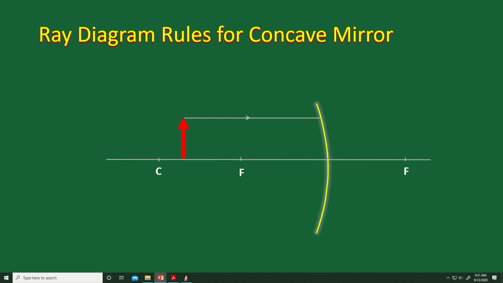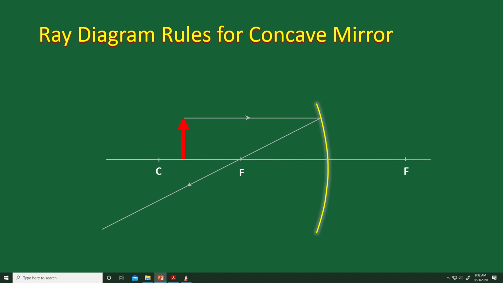So it will be reflected back in the same medium, and the ray would be passing through the focal point. So any ray that is parallel to the principal axis will be reflected through the focal point. That's the first rule.